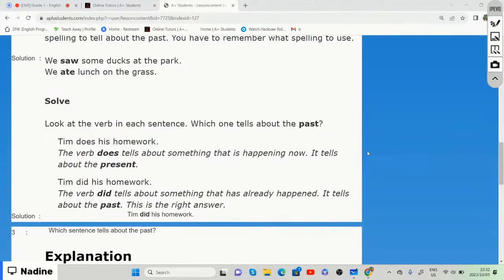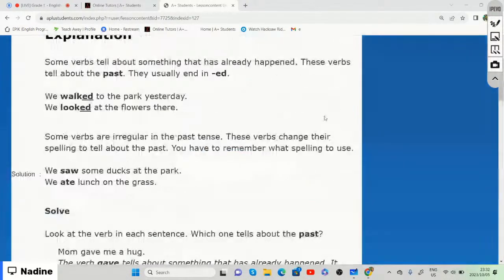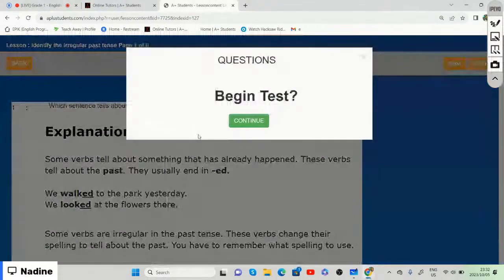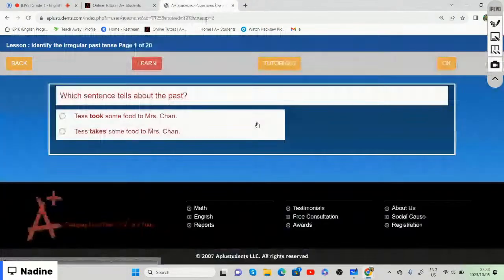All right. So now we're going to our test. And in the test, we are going to say which sentence tells us about the past. So we are going to have to look at the word in bold to see which word tells us about the past.